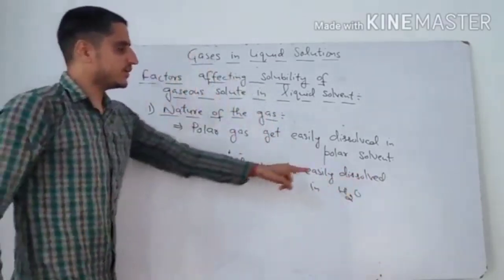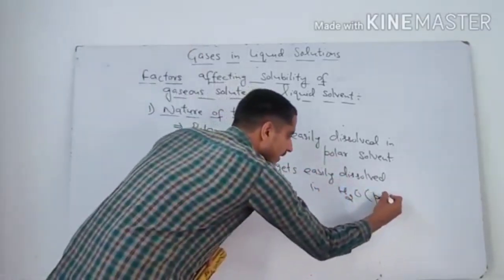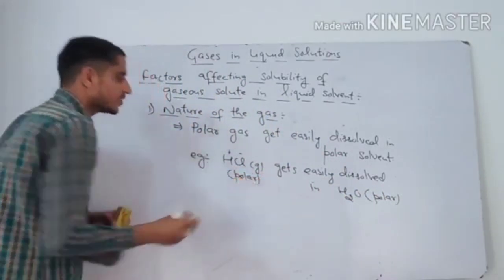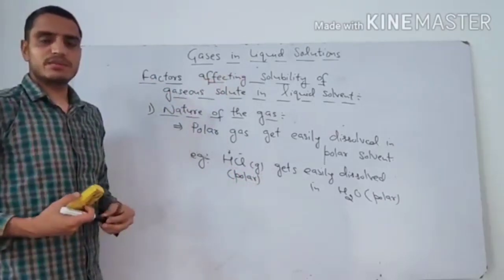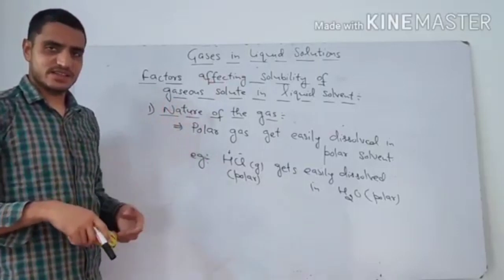Why? Because hydrogen is plus and minus, water is a polar solvent, and HCl is also polar. So if the gas and the liquid both are polar, then the solubility of the gas in that liquid increases.